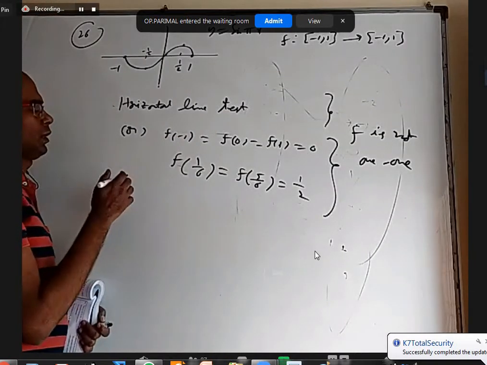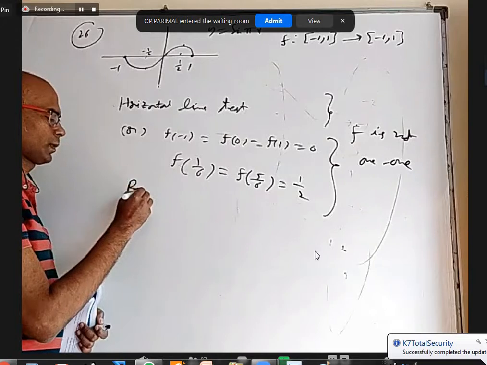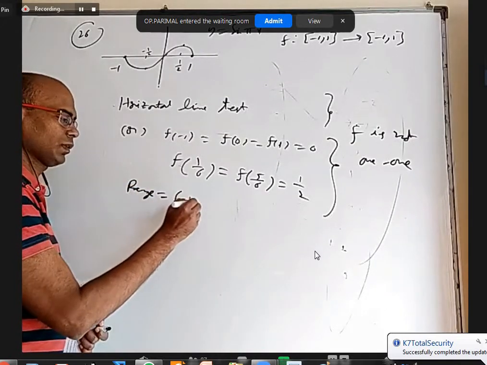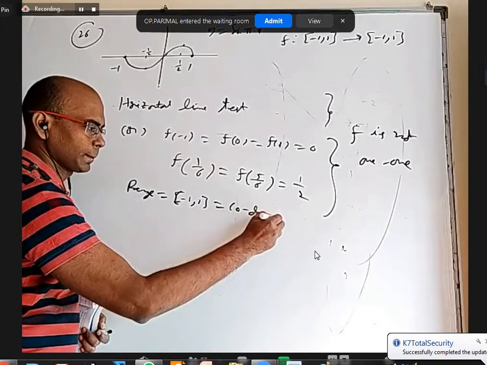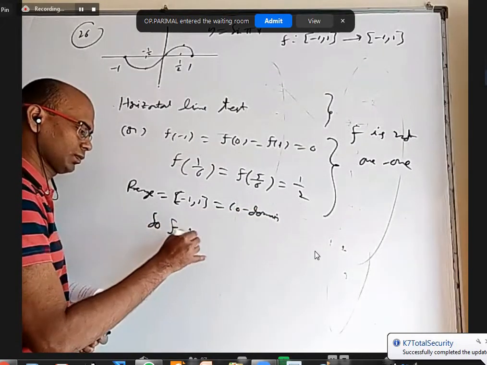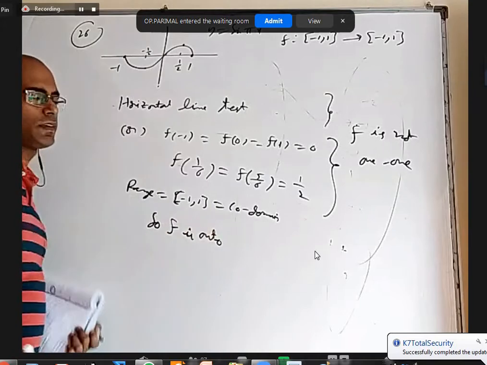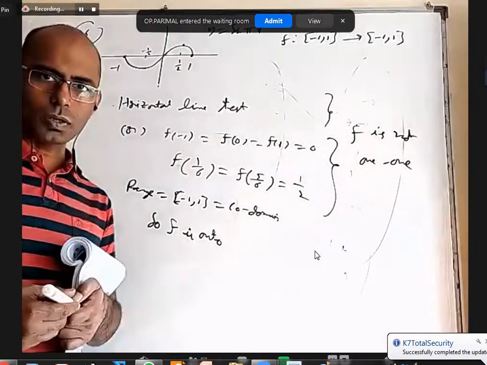Okay. So range is equal to the closed interval minus 1 to 1, which is equal to codomain. So f is onto. So f is not one-one, but it is onto.